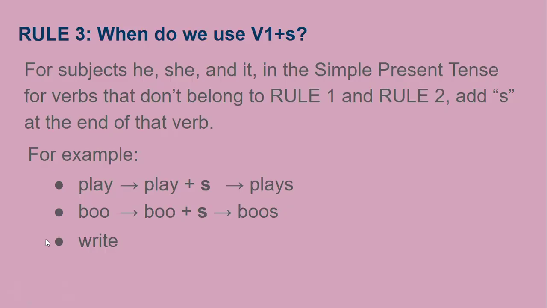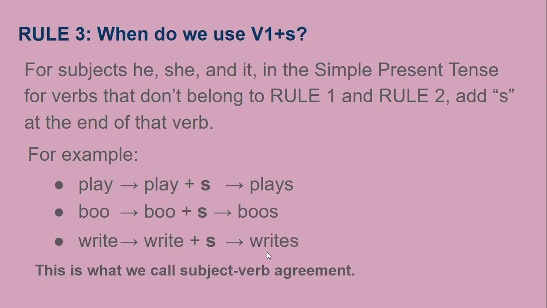Ride ends with DE. The last 2 letters are DE. So this property does not belong to rule 1, and it doesn't belong to rule 2. Therefore, we just add S at the end of ride. Then ride becomes rides. This rule is also called the subject-verb agreement. Okay?